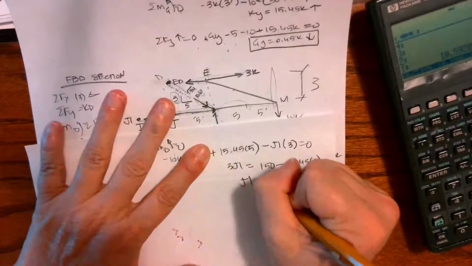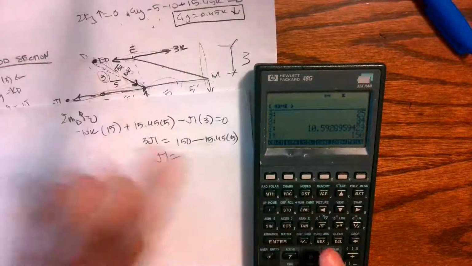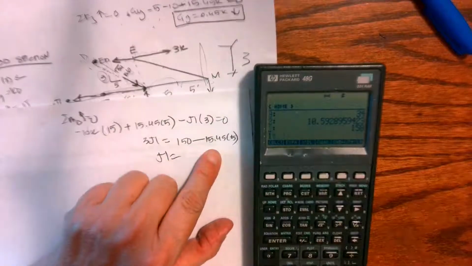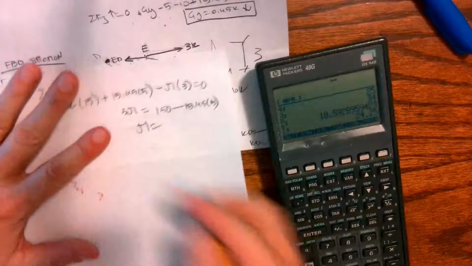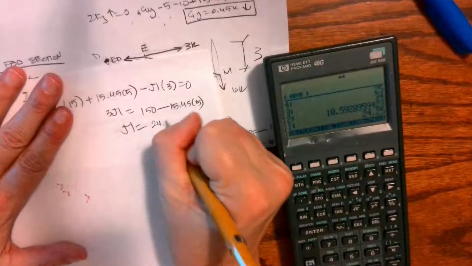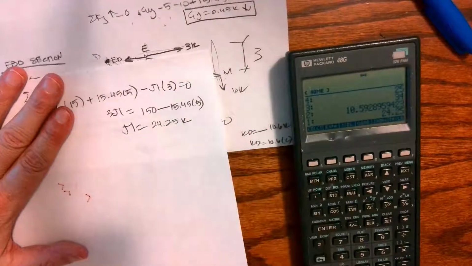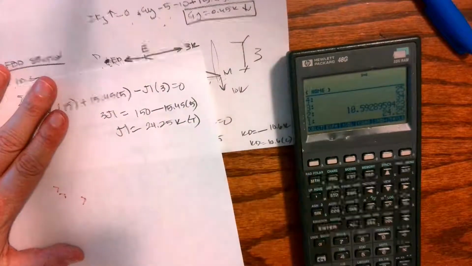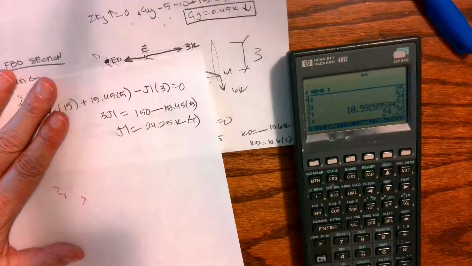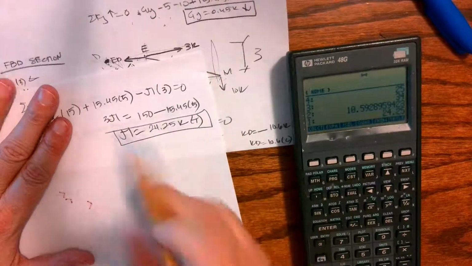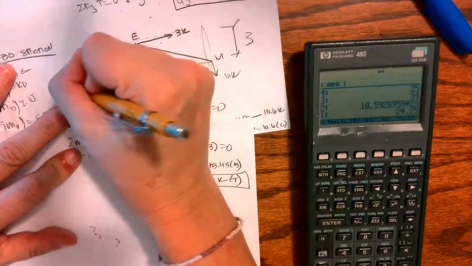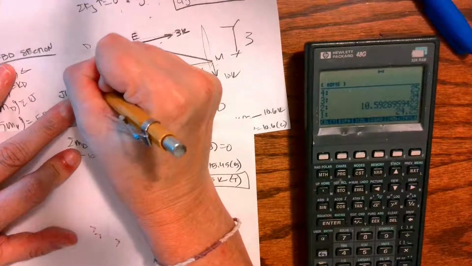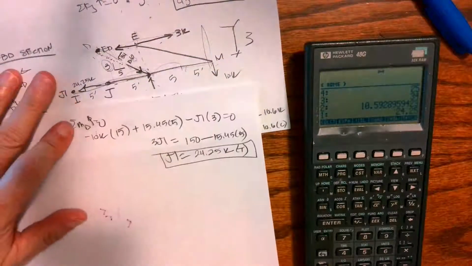And I get that ji equals 150 minus 15.45 times 5, divided by 3, positive 24.25 kips. It's positive, so it's indeed in tension. So I can come back down here, and I can note that this is 24.25 kips. It's in tension, it's correct.